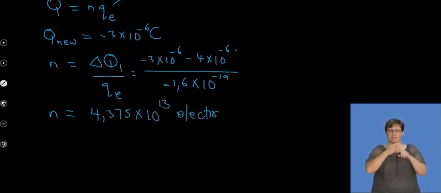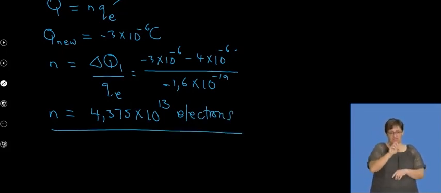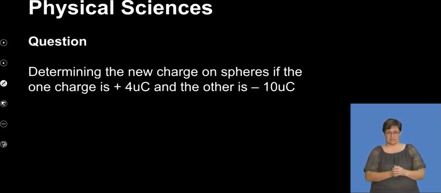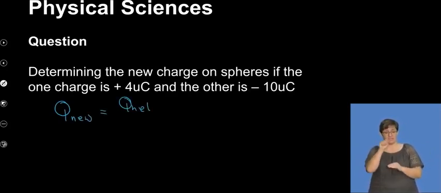So if this is the number of electrons that were lost by Q2, this is also the number of electrons that were gained by Q1, which is the number of electrons that were transferred. Now, we have two oppositely charged spheres. We're still talking about the same experiment. We've determined the new charge, and we've said that Q new equals Q net divided by 2.